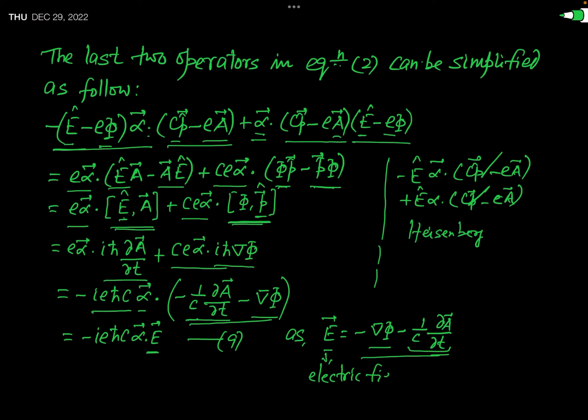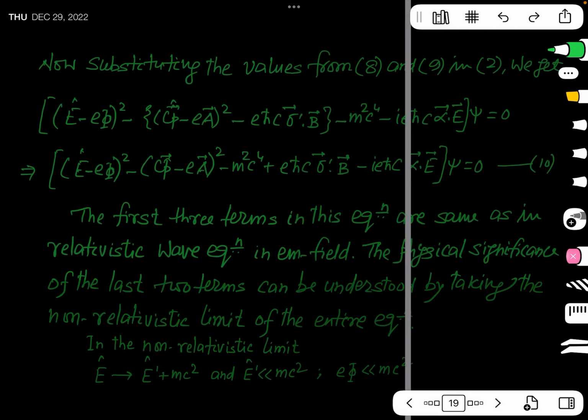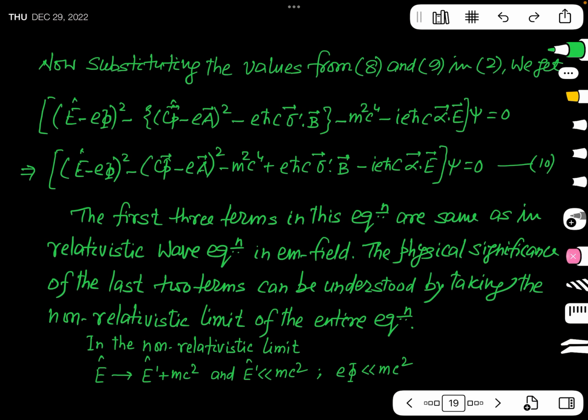Electric field vector. Don't confuse it with the energy E. So the last two operators in that equation have been simplified in this form. Now we will use the results which we have just obtained in equations 8 and 9 in equation 2.